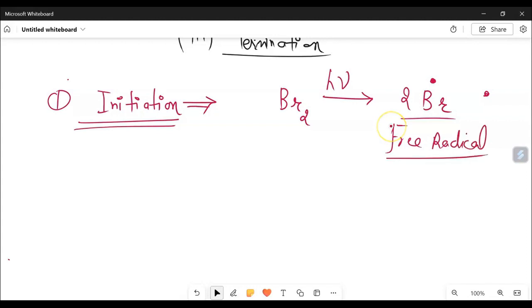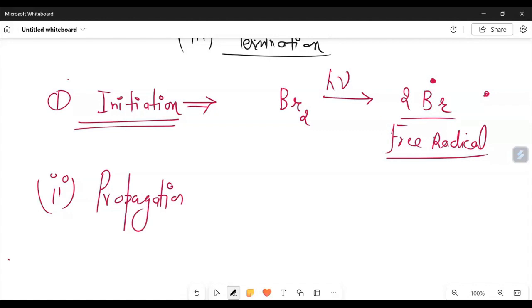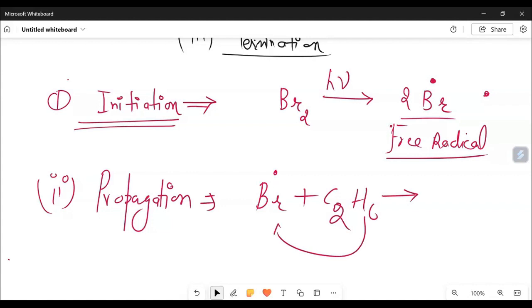Now the next step is propagation. What is happening here? The H will propagate. When one Br radical comes in contact with ethane, C2H6, this H will shift to here and it will become HBr, plus what is remaining?